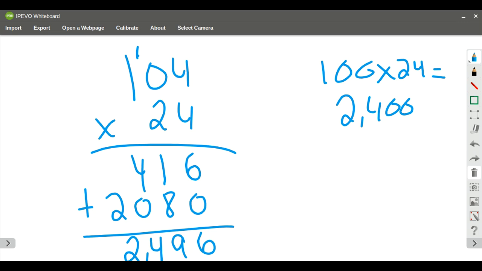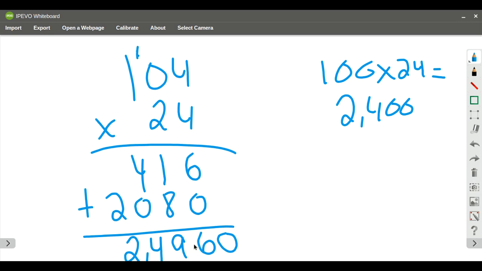So the next question is, why is it important? So I'm going to leave this up here. Why is it important to check an estimate for reasonableness? So it's telling me why I estimate and then do that comparison is it tells me that the answer makes sense. Because let's say that I had 2,400 as my answer, but for some reason I got 24,960.